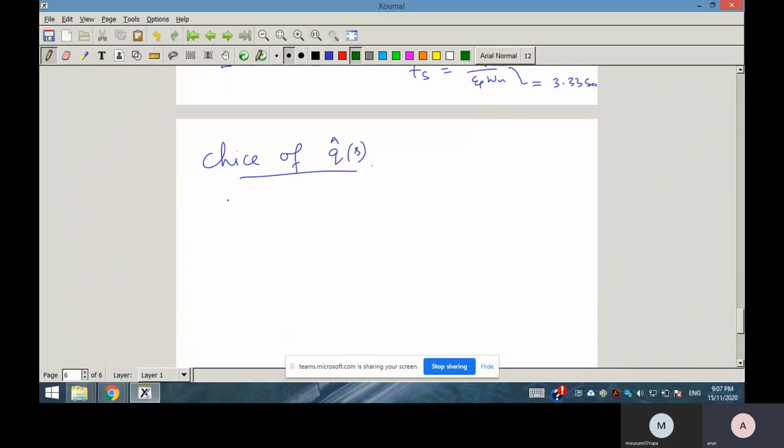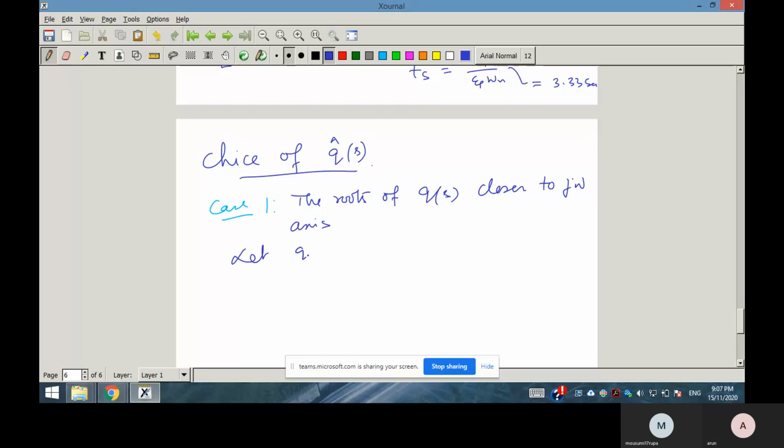So case 1, I'll choose, suppose, in such a way that the roots of QS are closer to the j omega axis.